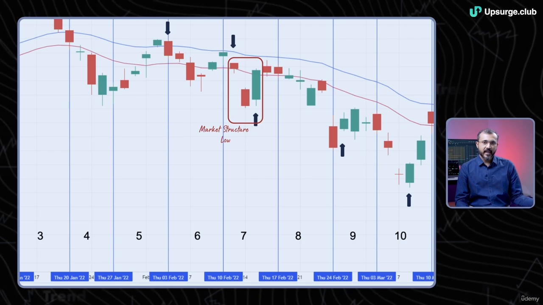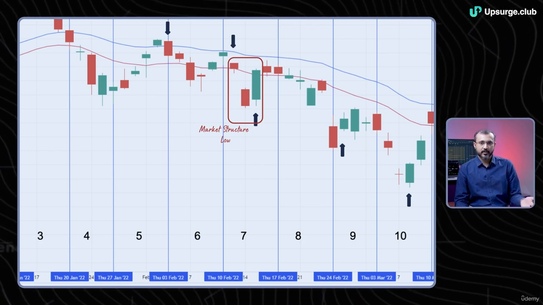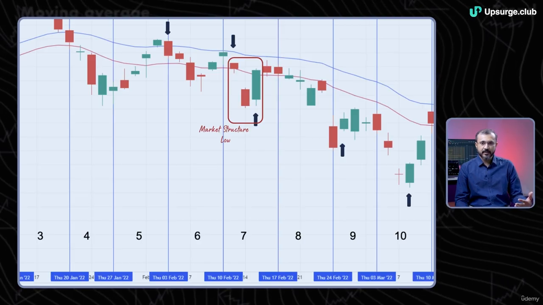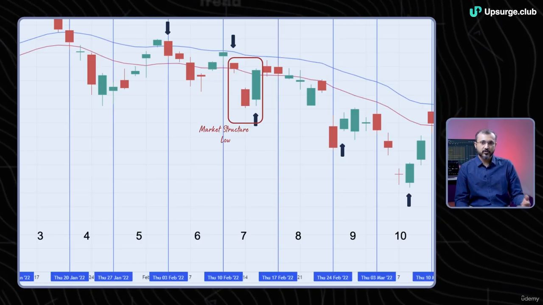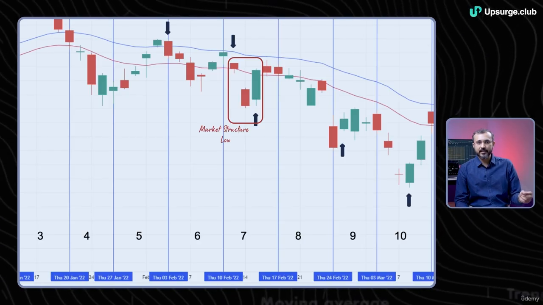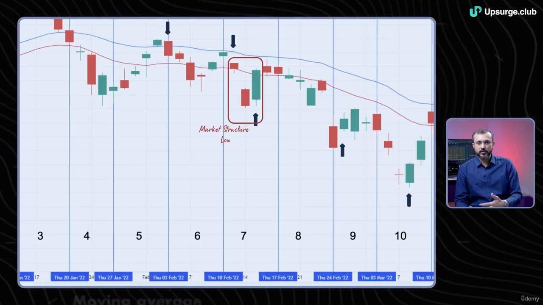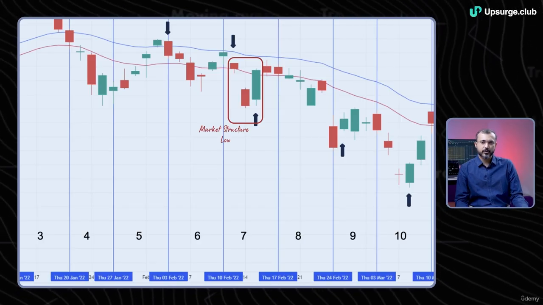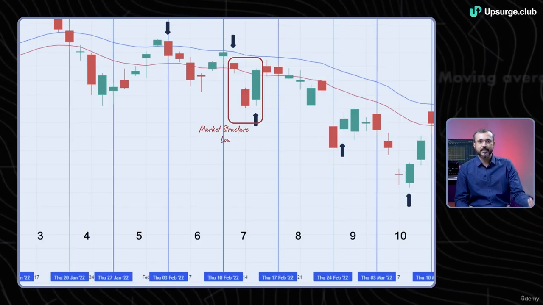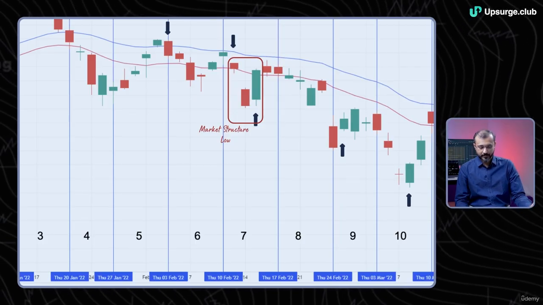Every time a market structure high got formed, that high is not taken out. It's there on the chart. Every time we see a market structure low, those lows are getting breached. What information is it sharing? It is sharing that the market is bearish. Getting lower lows and lower highs through market structure suggests that the trend is bearish. It's the easiest way of understanding trend purely on price.